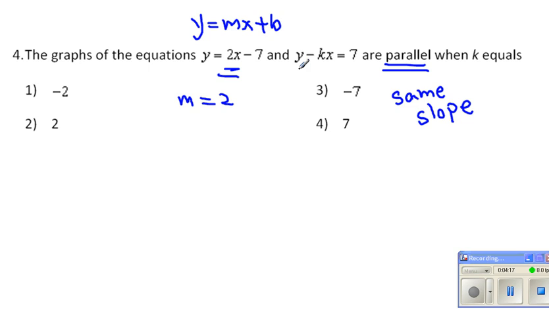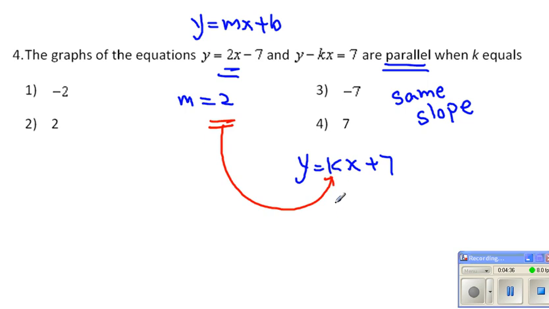Since our y is not isolated yet, by adding kx to both sides, then we will realize y equals kx plus 7. Now, since we gotta have the same slope, and the slope in the previous case was 2, then that will come right over here. So therefore, we realize k must be equal to 2. Choice 2 would have been our answer.